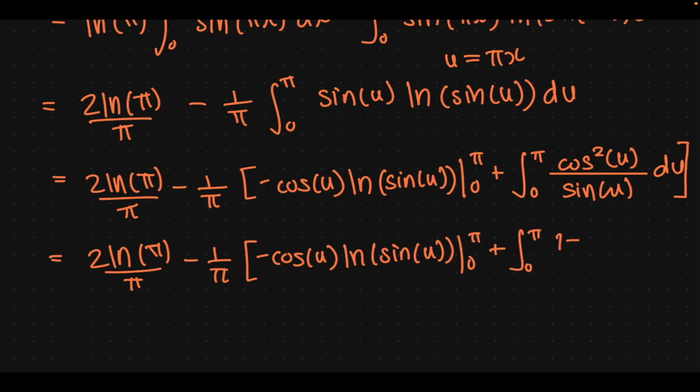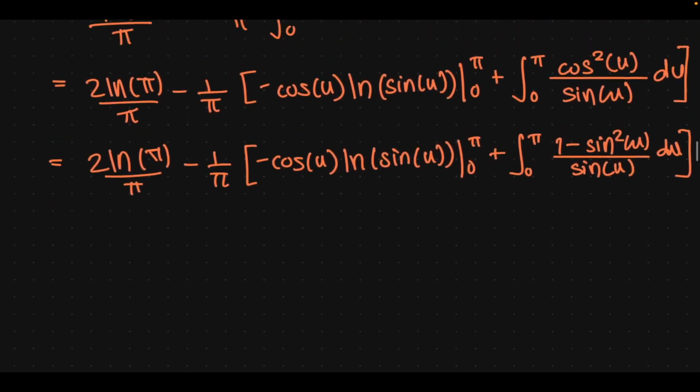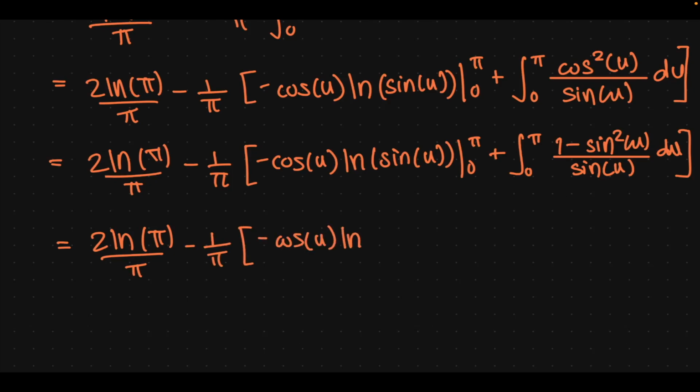Cosine squared is 1 minus sine squared u over sine u du, 2 ln pi over pi minus 1 over pi cosine u ln sine u 0 to pi.